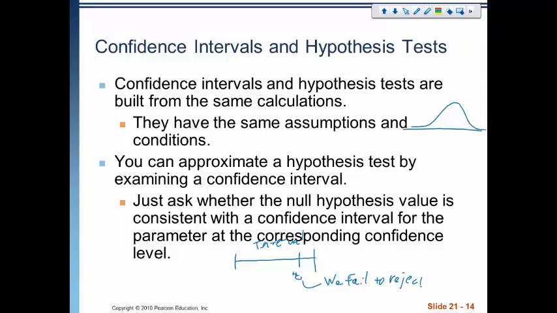Because if the null hypothesis falls inside the interval, it means that the null hypothesis value is a plausible value. Therefore, we do not have evidence to reject the null hypothesis. We fail to reject.